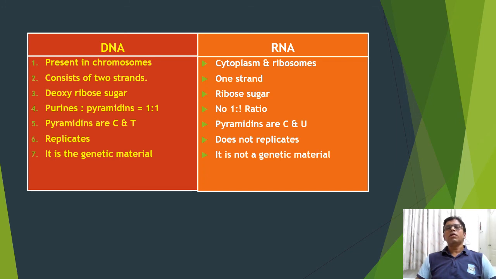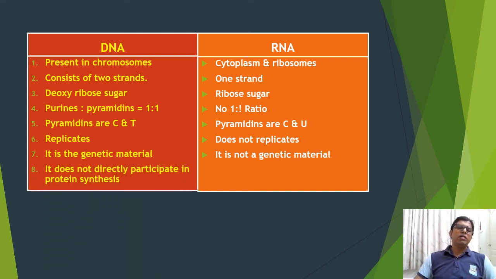RNA is not a genetic material except in some viruses, particularly one tumor virus, rice dwarf virus, turnip yellow mosaic virus, coronavirus. In those viruses, RNA acts as genetic material. But in all eukaryotic cells and prokaryotic cells also, DNA is the genetic material. RNA is non-genetic, except in some viruses.